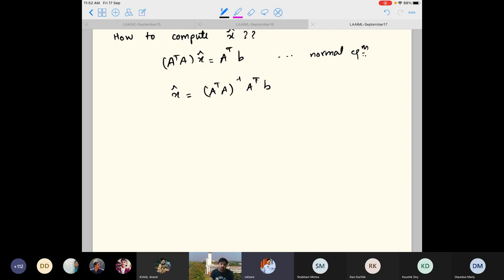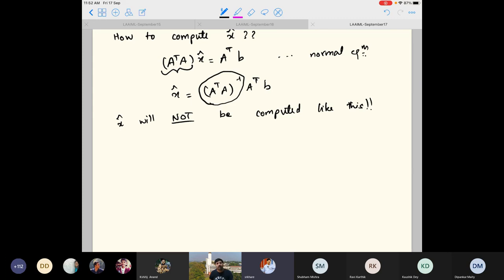But in reality, nobody computes x hat in this particular way. x hat will not be computed like this. There are several reasons why, because first of all, you have to compute A transpose A. Even if you compute A transpose A, you will not compute A transpose A inverse, right?